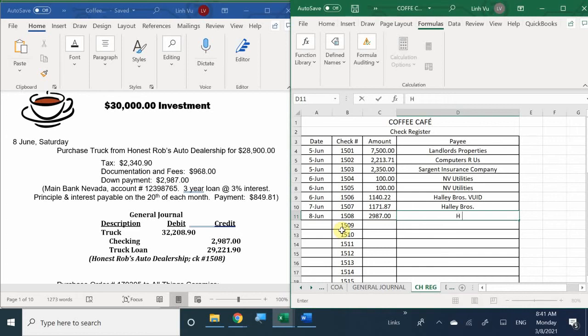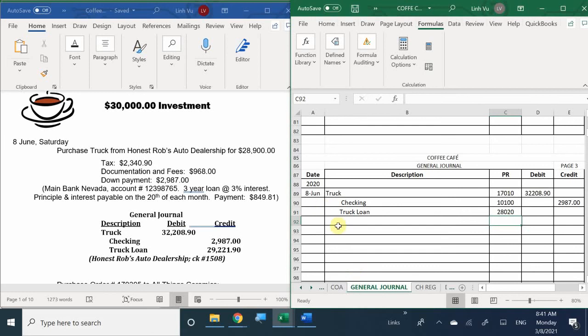To Honest Rob's auto dealership. So here we guarantee that it was check number 1508. Now go back to my journal and let's finish off my description.